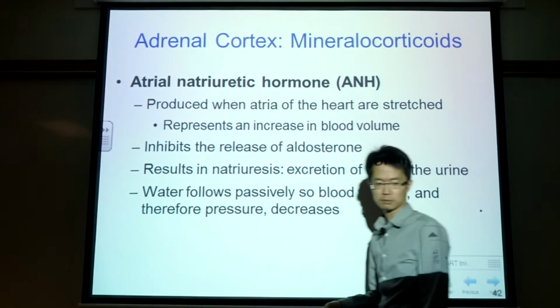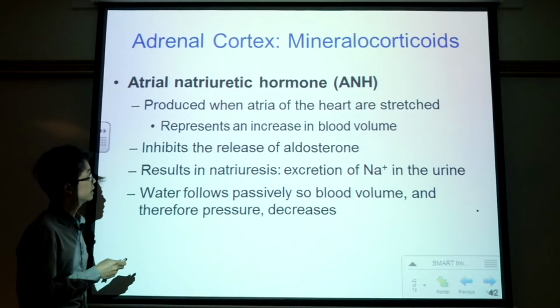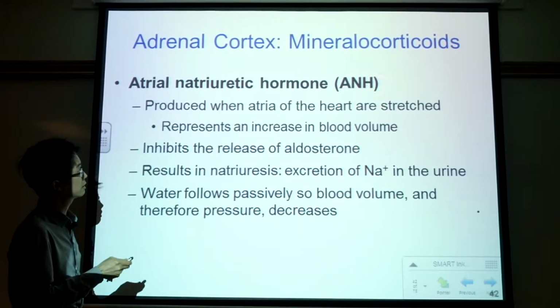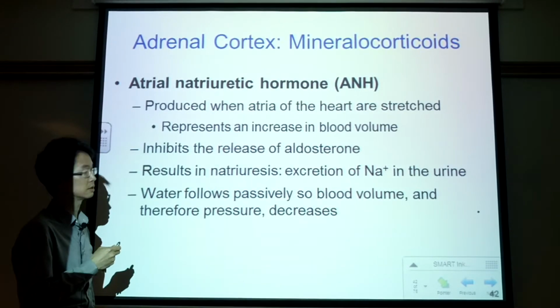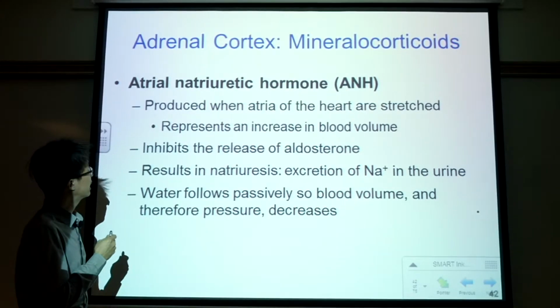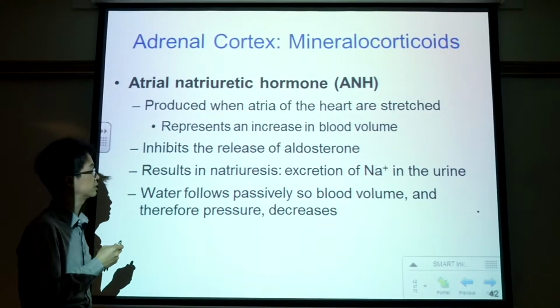So now let's talk about this one. Theoretically, it should not be considered a mineralocorticoid because it is not secreted by the adrenal cortex. Atrial natriuretic hormone, as the name suggests, is secreted by the atrium.